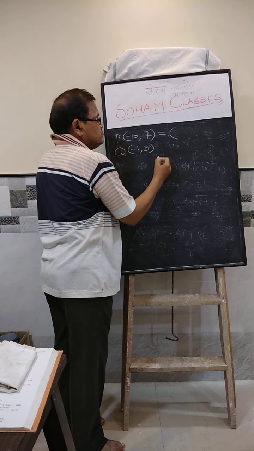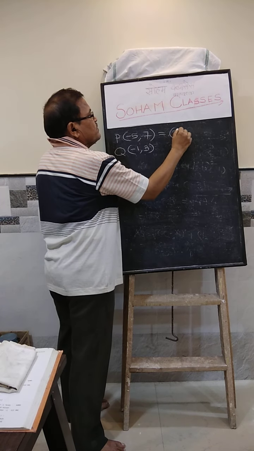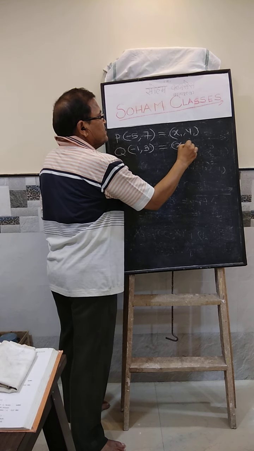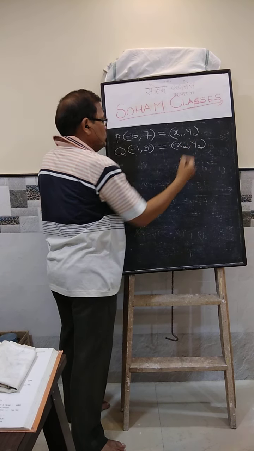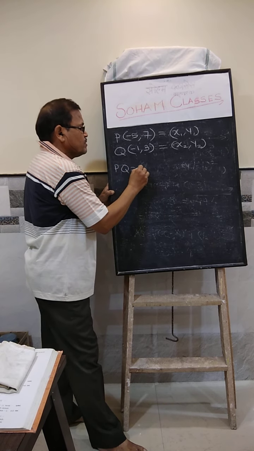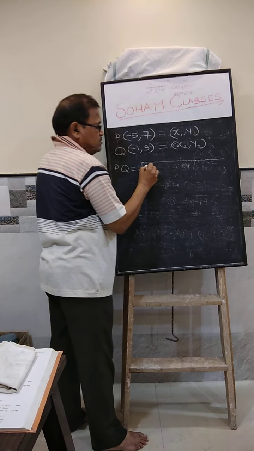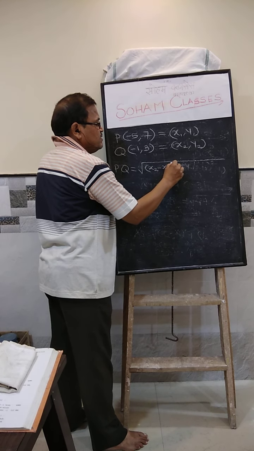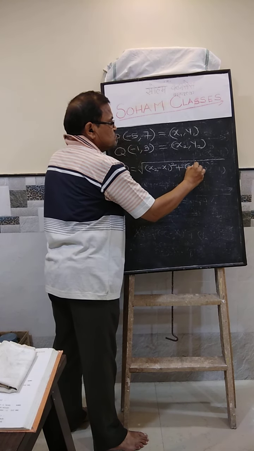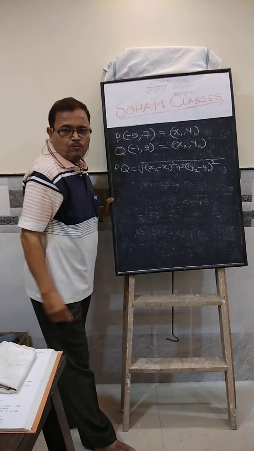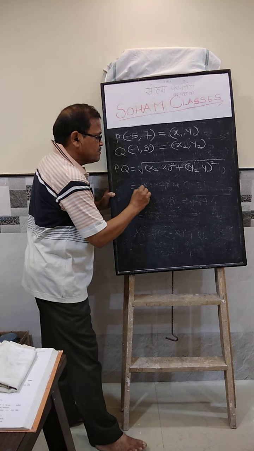Suppose these are x1, y1 and these are x2, y2. So the distance PQ is under root (x2 minus x1) bracket square plus (y2 minus y1) bracket square. Putting the values, what do we get?